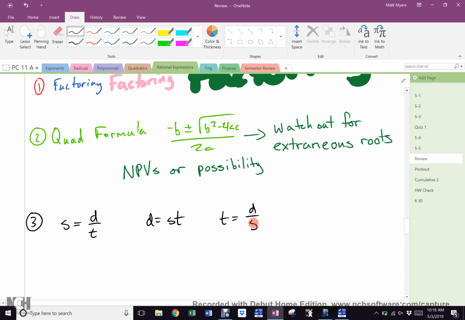You need to be comfortable with those. I will not provide them for you except maybe one of them. I expect you to be able to manipulate an equation by the 11th grade, yeah? All right. Let's see. What else do we have in this unit?